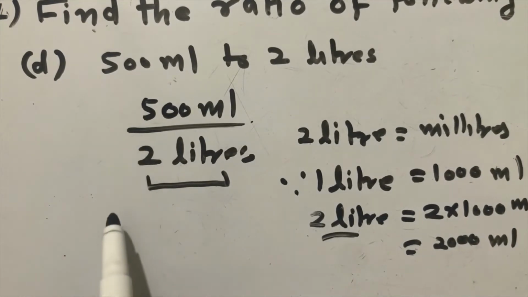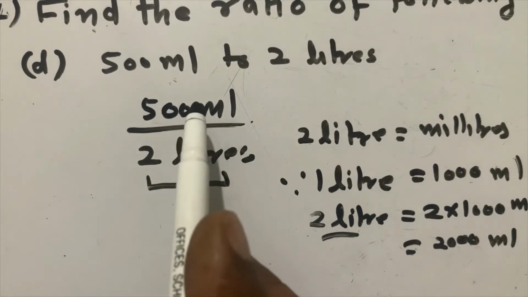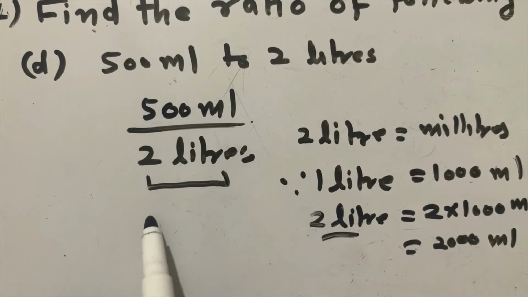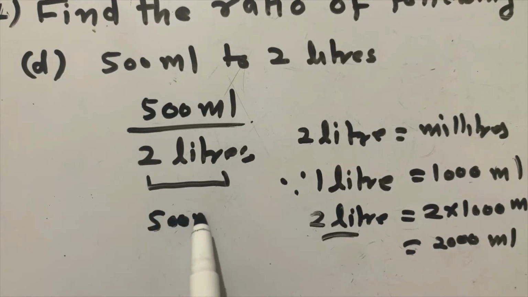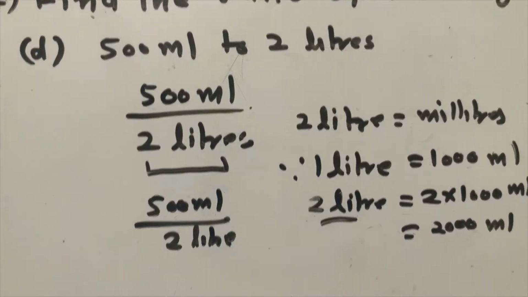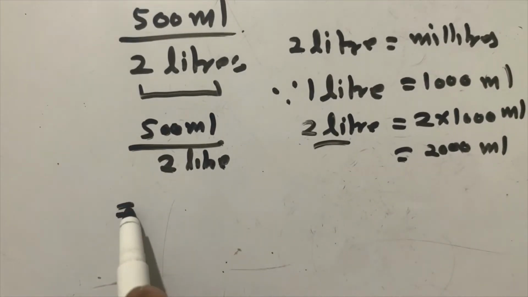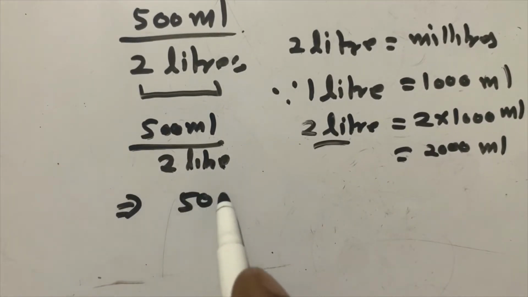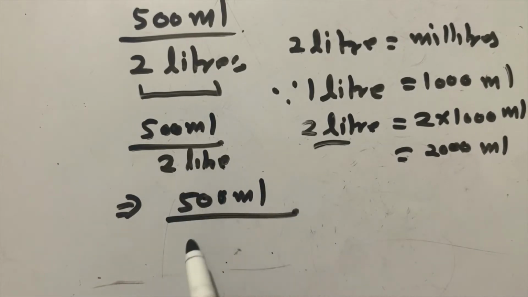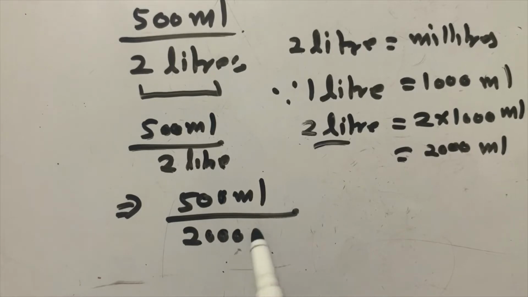Now the question is given 500 ml to 2 liters. 500 ml, and 2 liter is equal to 2000 milliliter.